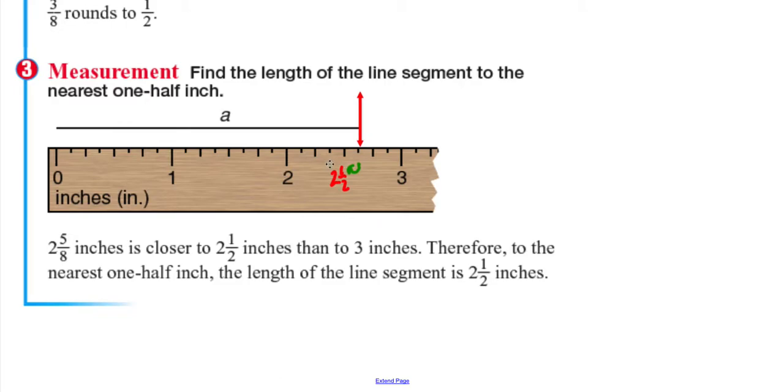Even though the measurement is not exactly 2.5, the direction is saying find the length to the nearest 1/2 of an inch. So the only 3 measurements they're looking for are 2, 2.5, or 3. And that's how you do example number 3. Let's do the next one.